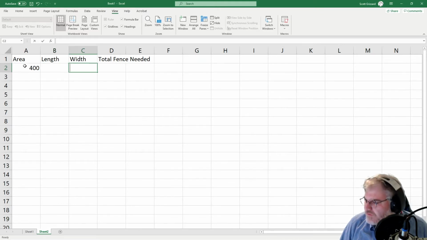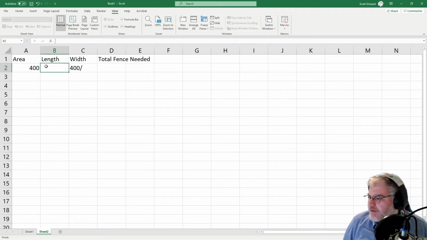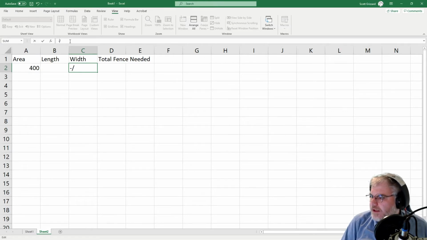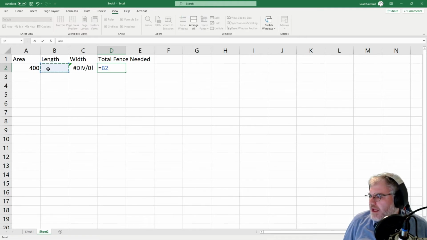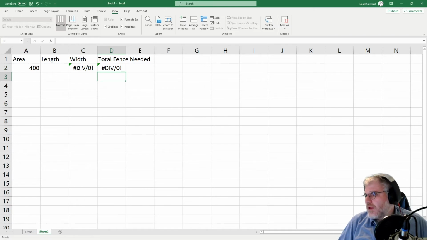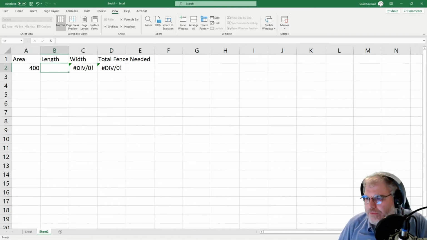But whatever that is, 400 divided by L is the width. Of course, it's going to give me a divide by zero error here, but that's okay. Equals 400, divided by that one. And then, in order to get the total fence needed, I'm going to have equals this plus this. And let's start this at 400.